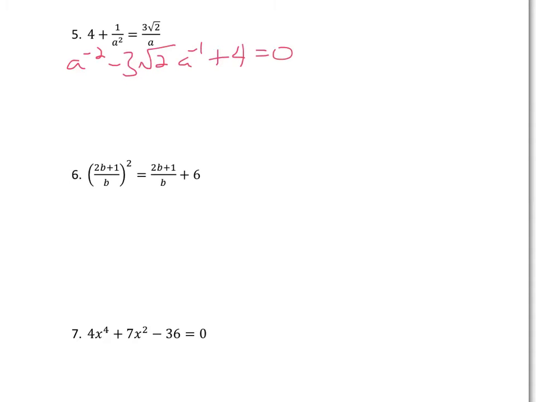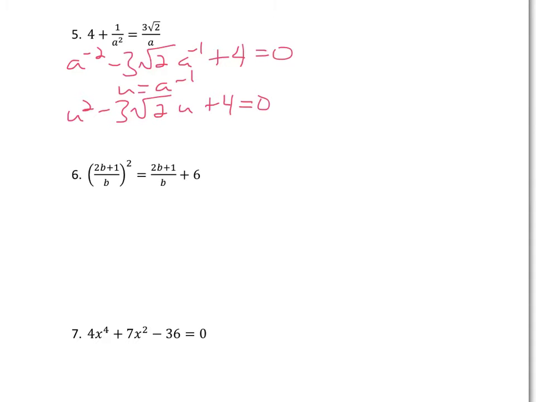Okay, now we can do my substitution. u equals a to the negative first. So I've got u squared minus 3 root 2 u plus 4 equals 0. Alright, this one I can't really factor. So I need to use the quadratic formula. So for this, I wouldn't even use u.